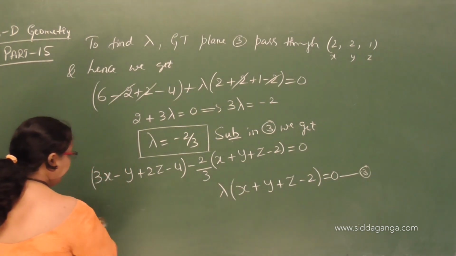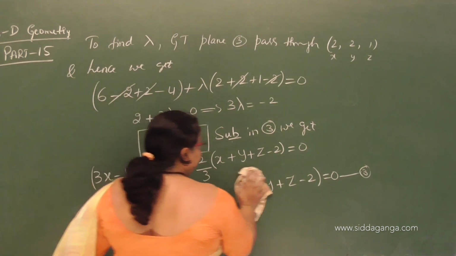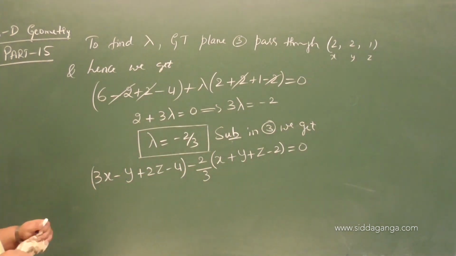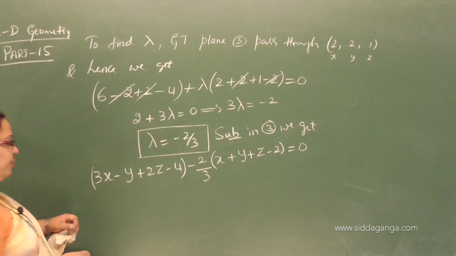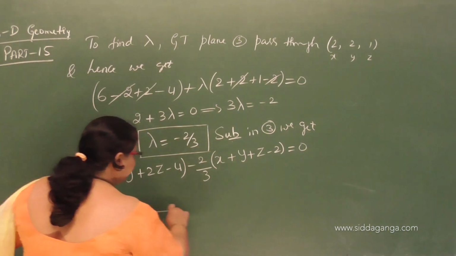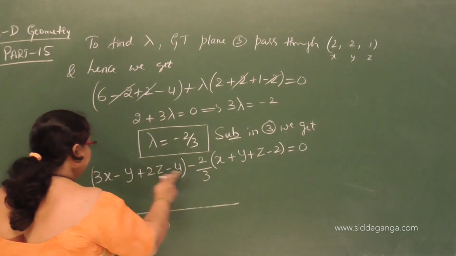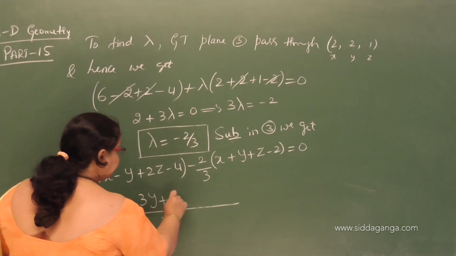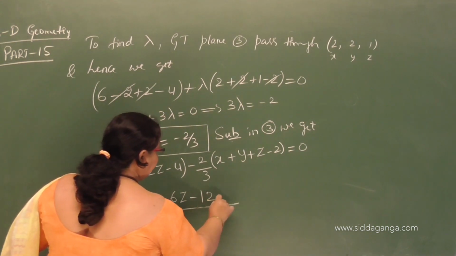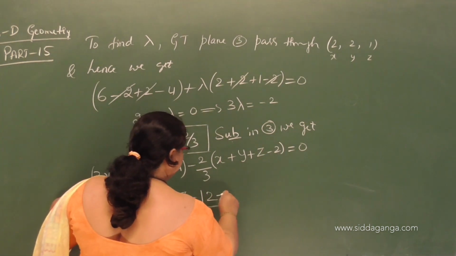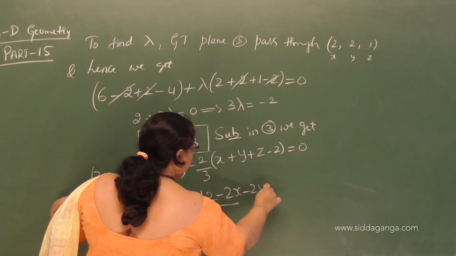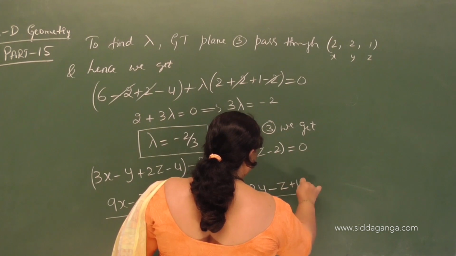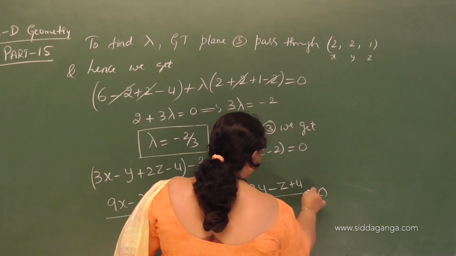Now we have to take 3 as LCM. Cross multiplying the 3, it becomes 0. Taking 3 LCM, it becomes 3 3s are 9x minus 3y plus 6z minus 12, then multiply everything by minus 2: minus 2x minus 2y minus z, minus into minus plus 4 equal to 0.